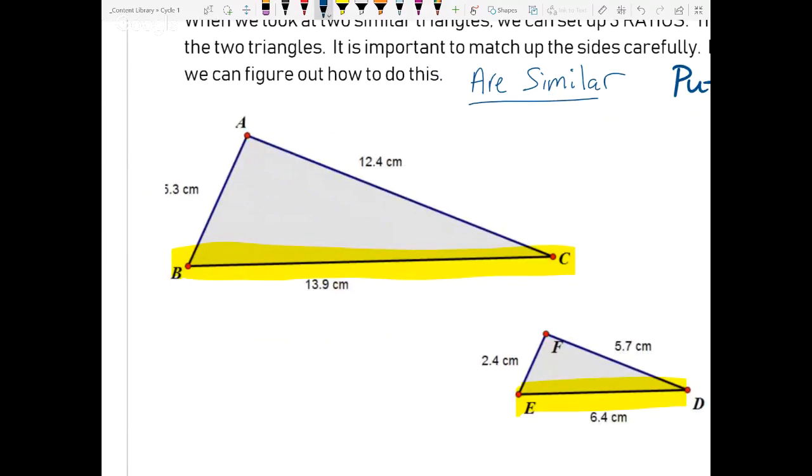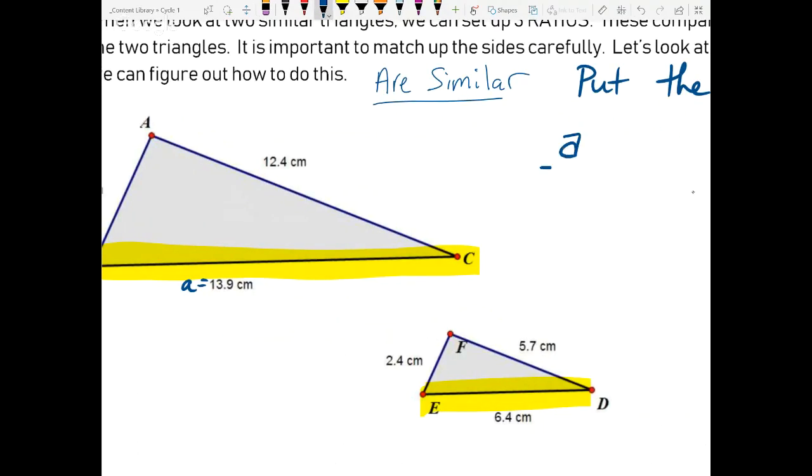This side touches angle B, and it touches angle C. What's the only angle it doesn't touch? A. So we're just going to name it little a. We always use lowercase letters for sides, and we always name it based on the angle it's across from. Does that make sense? So we're going to say this one is side A.